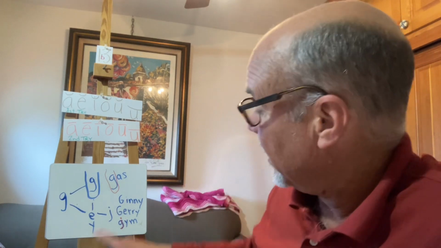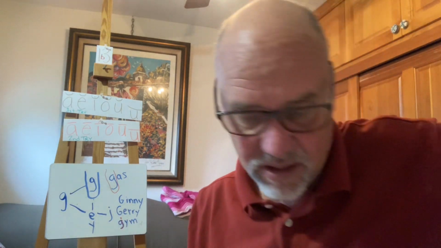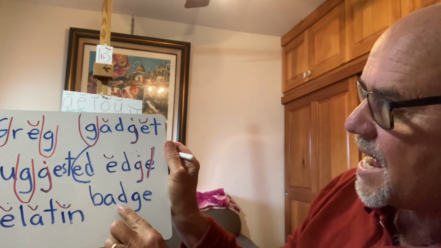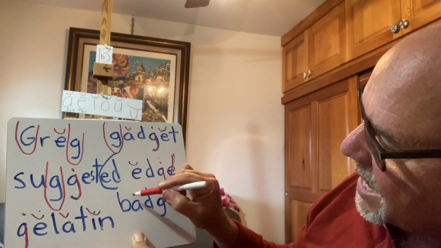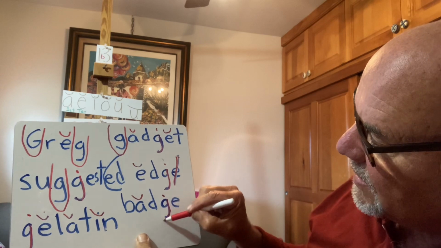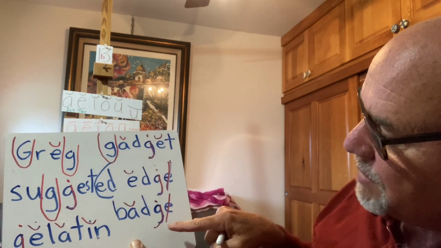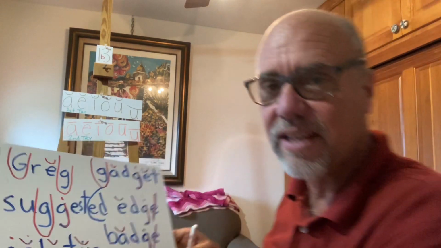G followed by an E still is the J sound. Okay, so let's take a look at it. Badge. So this E is silent, but it's got to be there to make the G steal the J sound. Badge.